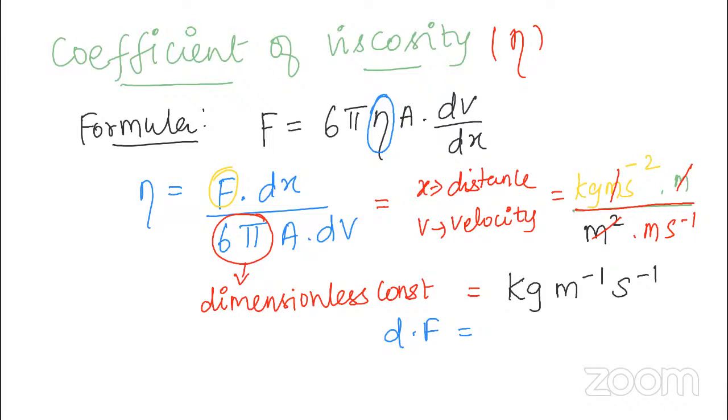Okay, very good. M L power minus 1 and T power minus 1. So this is the dimensional formula for coefficient of viscosity.